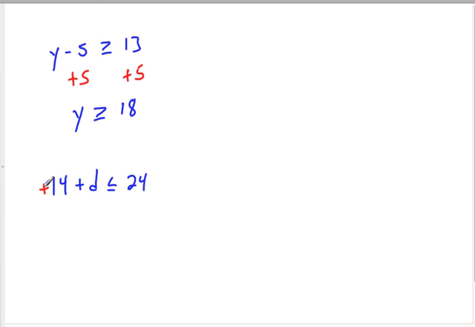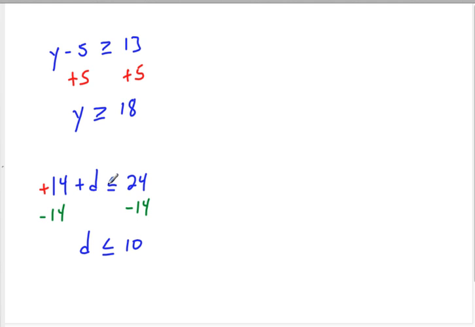Everyone just thinks of it as a plus 14. And I think that might be an easier way to think about it. When you have this 14 here with nothing in front of it, we can still subtract 14 from both sides and it works out just fine. And so here we have d is less than or equal to 10. And you can plug it in and check it out, right? 10 plus 14 is 24.